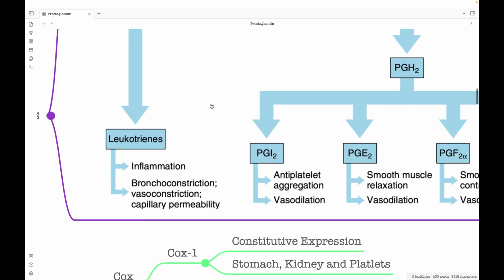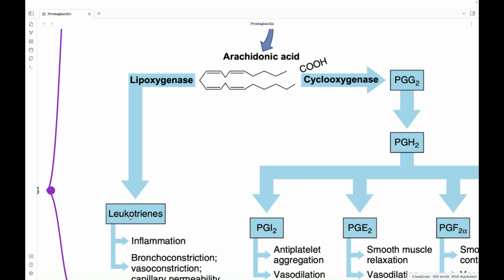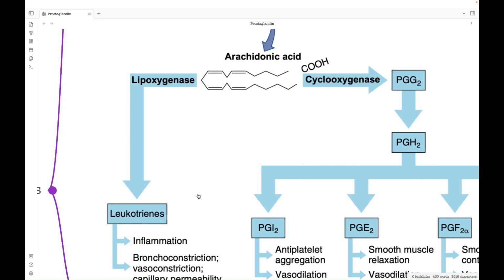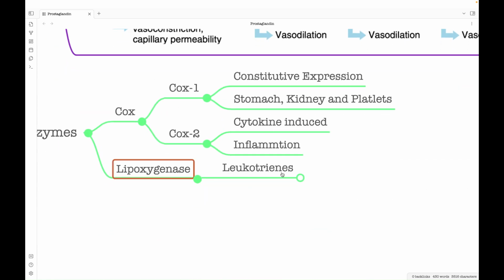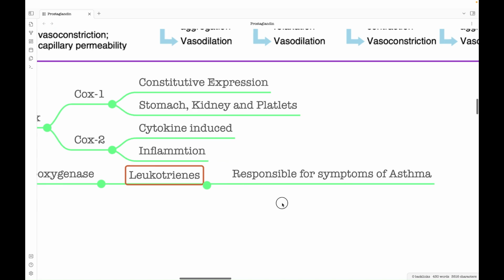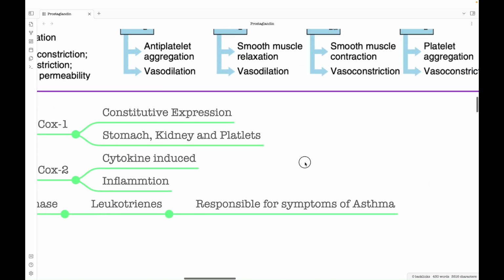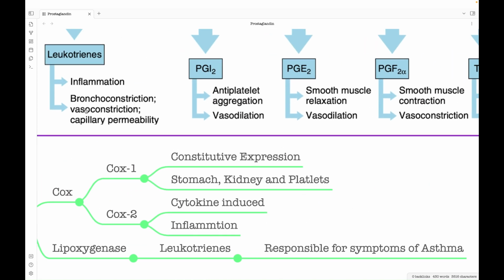I have already mentioned that if the enzyme is lipoxygenase, leukotrienes will be produced, which are associated with inflammation and bronchoconstriction, mainly the symptoms of asthma, because they are associated with bronchoconstriction, vasoconstriction, as well as inflammation. So these three things together are mainly associated with an asthma type of condition. We should also remember that leukotrienes and PGF2 alpha together are mainly associated with chronic asthma.